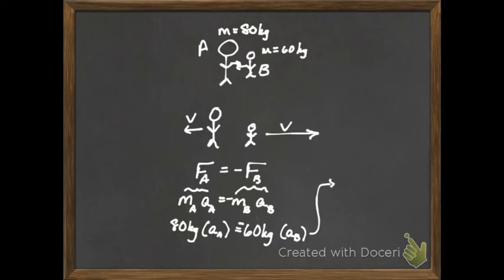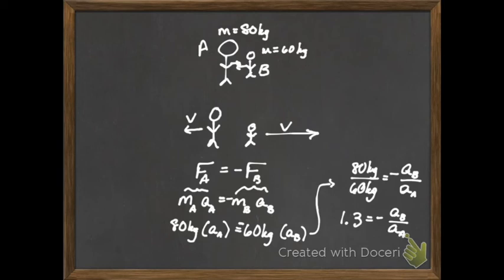In other words, if I divide the 60 over to the left side, and I divide astronaut A's acceleration to the right side, and I work this out, I find that astronaut B will have roughly 1.3 times more acceleration and in the opposite direction than astronaut A, which is what we said when we noticed the smaller astronaut moves away at a greater rate, because his acceleration is bigger. And his acceleration is bigger because his mass was smaller.